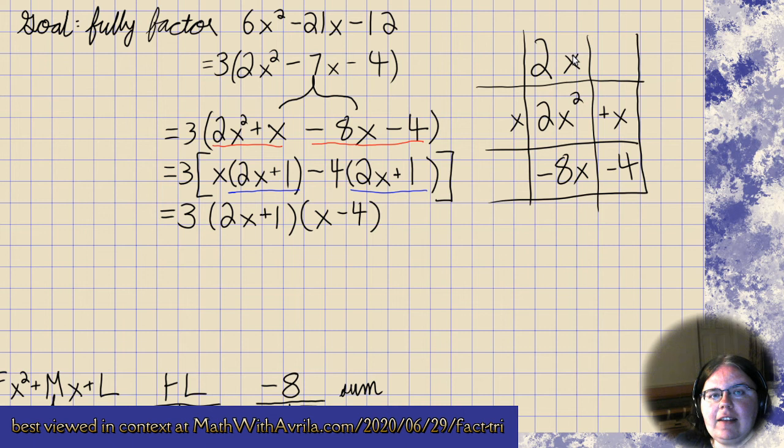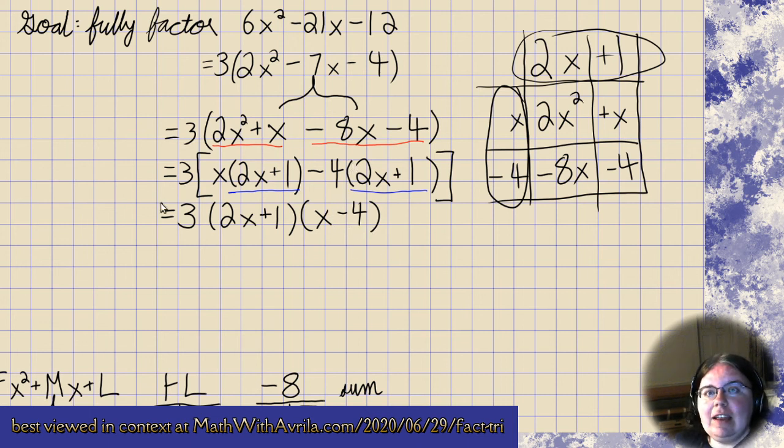Well, and then let's see, 2x times something to get negative 8x. Well, that had to have been negative 4. And then on the other hand, x times something to get x, that had to have been positive 1. 2x plus 1, x minus 4, just like we see here. You don't have to fully do it both ways, but it can be a good way to just check your work. Make sure that it came out reasonable. So this right here would be my final answer.